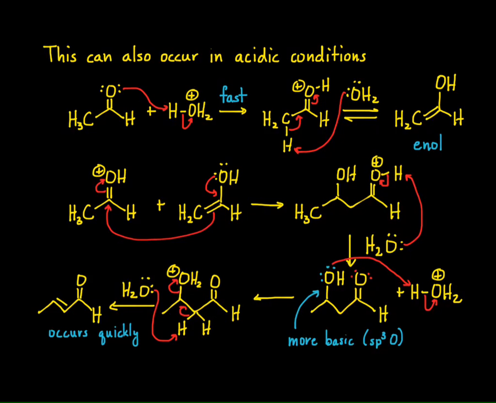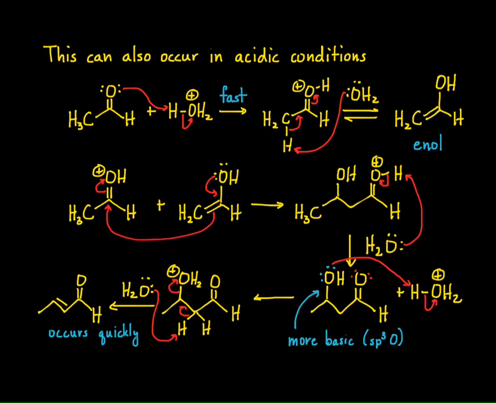It becomes essentially a sinkhole, and you get more and more product, and it occurs very rapidly. And that's basically why these reactions take place, because once you form that alpha beta unsaturated aldehyde, it drives the reactions forward in both basic and acidic conditions to form our product.